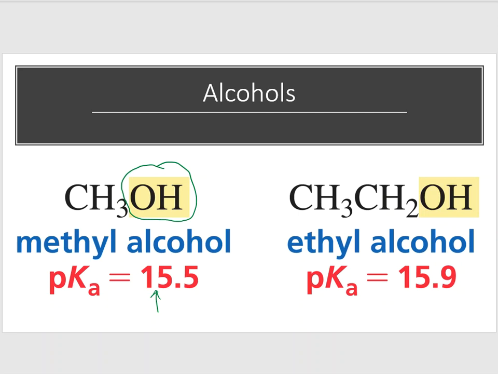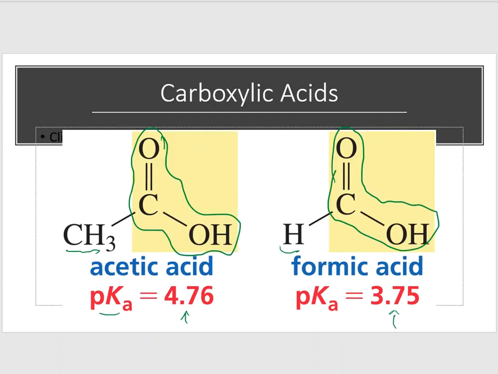If I look over on the right-hand side, this is ethyl alcohol. Again, the OH group makes this an alcohol. If that's ethyl alcohol, which, by the way, is drinking alcohol in the ABC store, that pKa is going to be 15.9. They're pretty close to each other, aren't they? 15.5, 15.9, but in general, these numbers are much higher than the numbers for carboxylic acids.